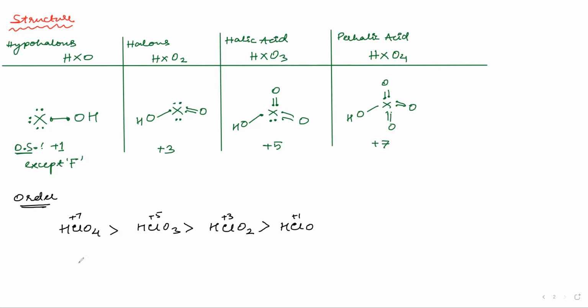But if you have the same oxidation state, if we compare HClO4, HBrO4 and HIO4, this will depend inversely on the size. So HClO4 is the smallest, so it will have the most acidic strength.